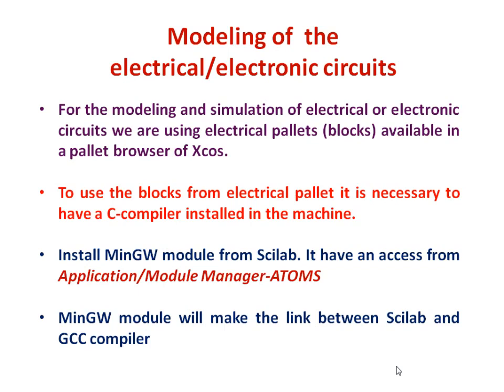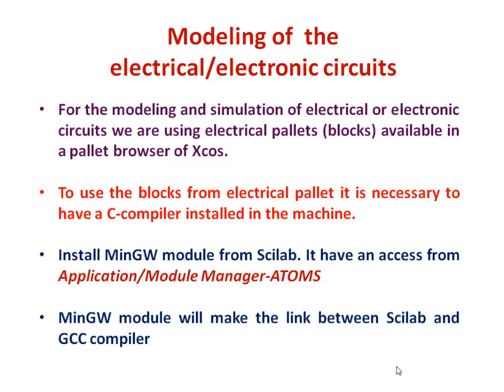So before starting the modeling in Xcos, you need to check whether a C compiler is installed in your machine or not. Otherwise, you have to download the GCC compiler. Again, you need to install the MinGW module from Scilab.